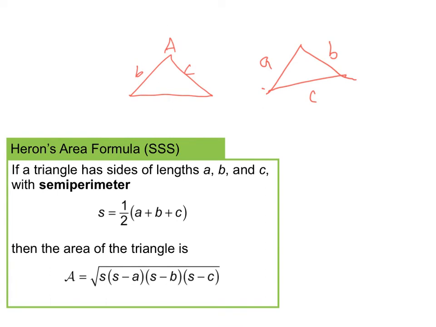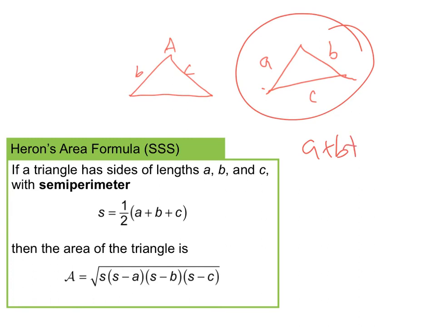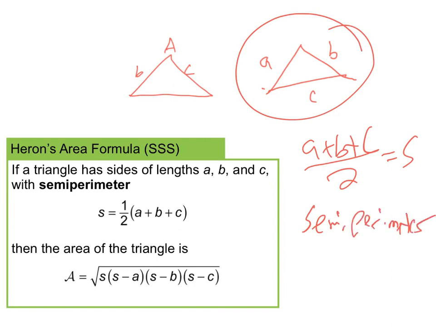This is cool because with Heron's formula, this is a number sense trick, you have to find the perimeter of this triangle, a plus b plus c, and take half of it. That's called the semi-perimeter. Semi means half. So you need to know this number.